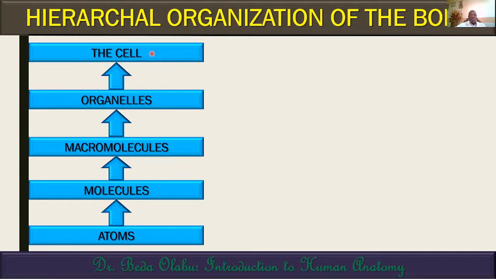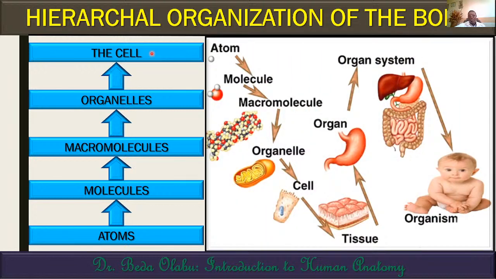Multiple cells would combine. We have many cells in the body. But these cells can combine. Similar cells combine to form tissues.